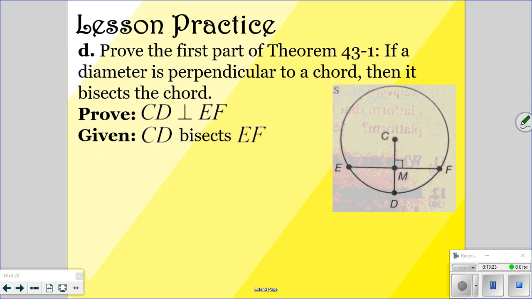Looking at this next one, we want to prove the first part of theorem 43.1. If a diameter is perpendicular, then it bisects the chord. So we're going to do a 2-column proof. We're going to start with our statements and reasons.